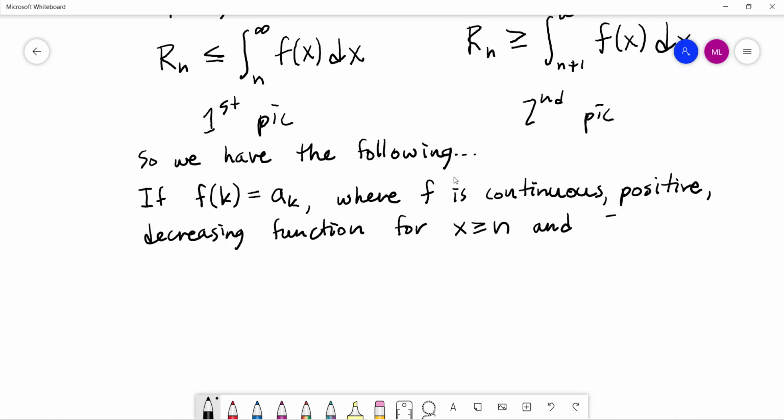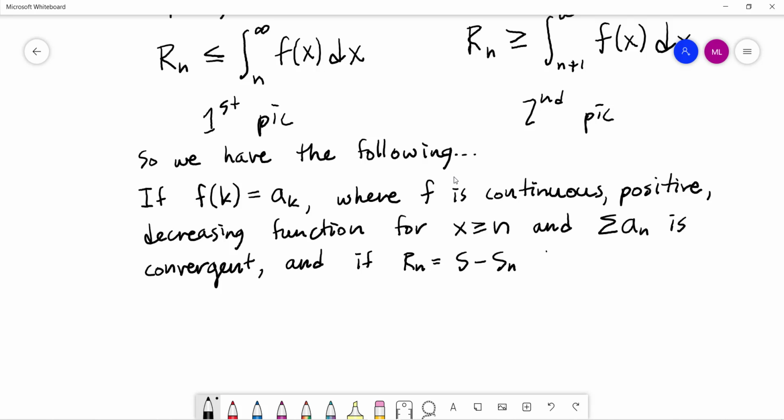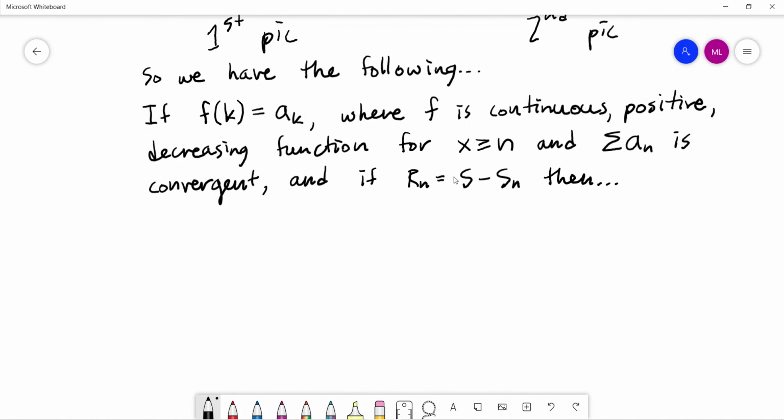And if the sum of all those values of a is convergent, so assuming it converges, and if we define our r sub n as being the total sum minus the nth partial sum, then we have bounds on this r sub n.